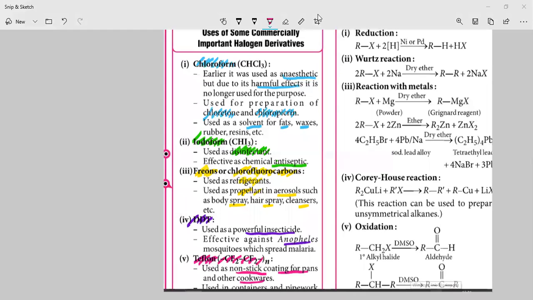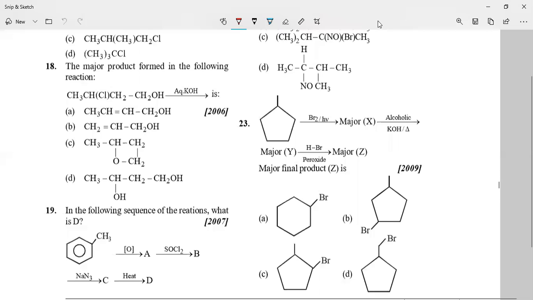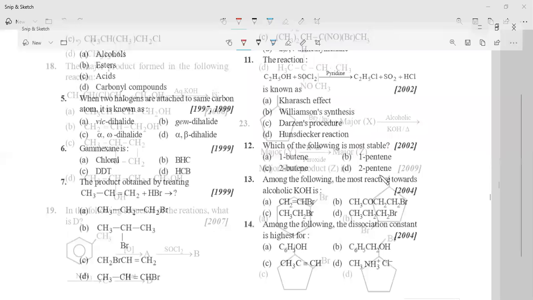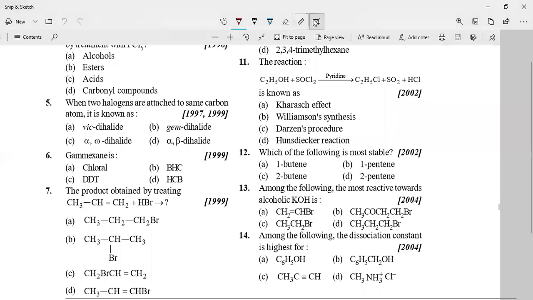Okay, students. Just a minute. Fine, you do these questions: question numbers 5, 6, 7, 11, 12, 13, 14. Start doing these questions.